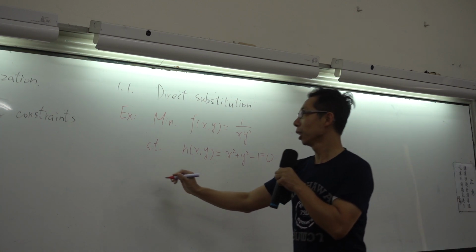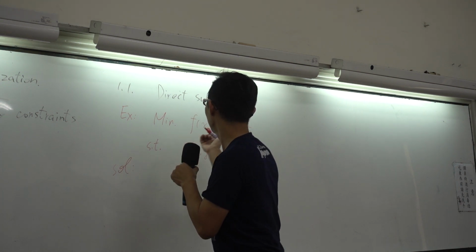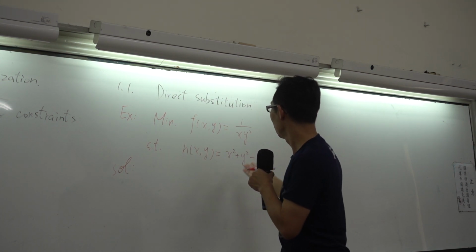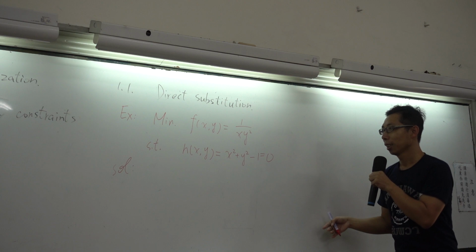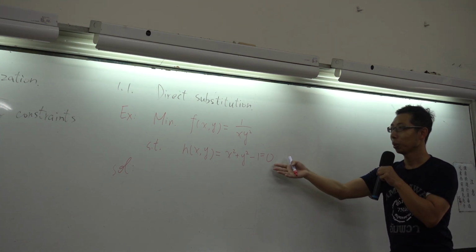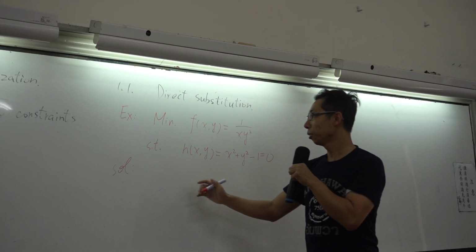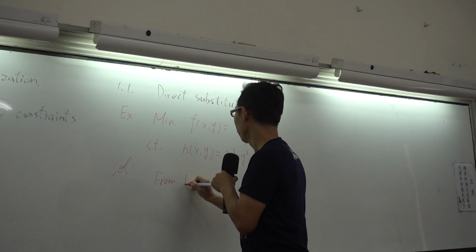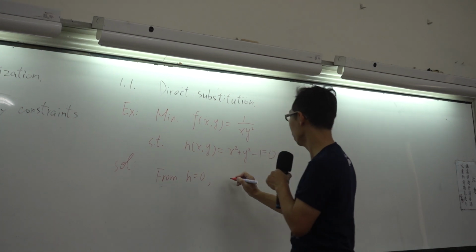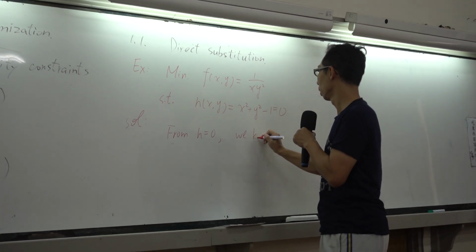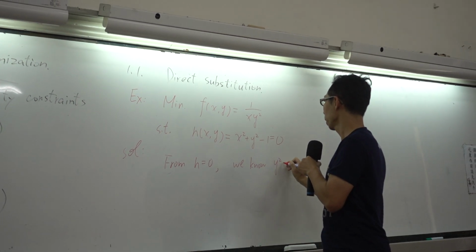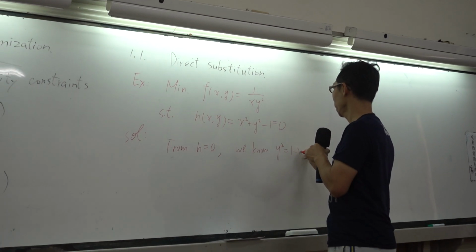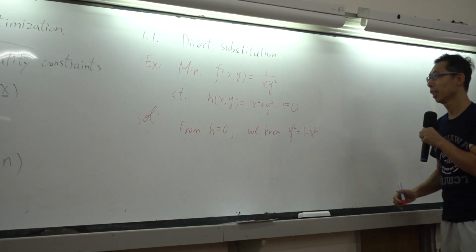Okay, so the so-called direct substitution is very easy because we can just perform substitution from the constraint. From h equals 0, we know y squared is equal to x minus x squared, right?